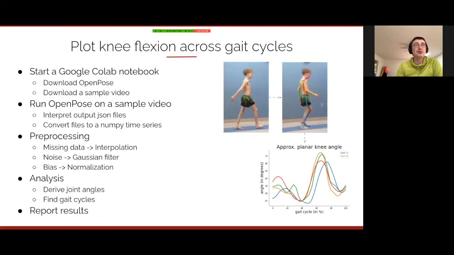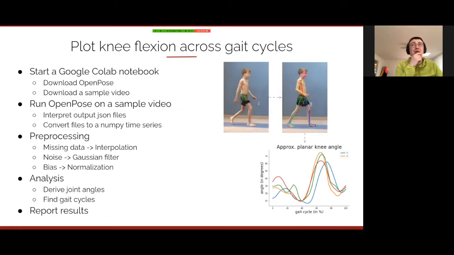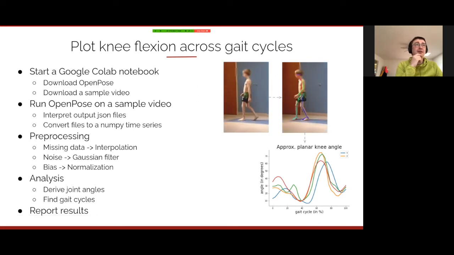I will show you some pre-processing techniques. As I showed you earlier in the presentation, and as you may see already in this video, there's some noise in OpenPose. There are some missing observations due to occlusions. We'll try to deal with all those in the script.